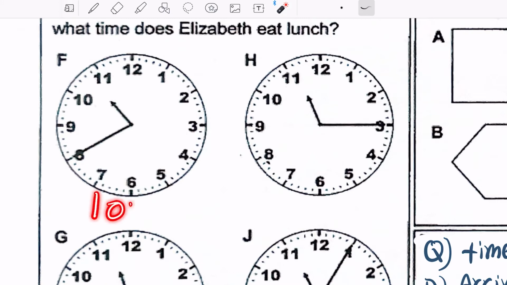So make sure that you're writing this on your paper, right? 10:40, that's the time for F. Over here, H, the little hand points to the 11 section. So this one will be 11. And the big hand points to the 3, which is 15 minutes. So it is 11:15.